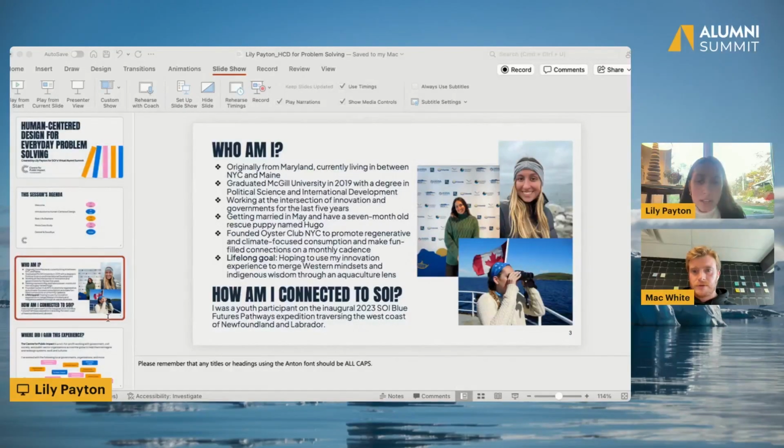Oh, wait, okay. All right, what about now? Oh. No, it still just seems to be an issue with Keynote or whichever platform you're using, but I'm not sure why it's not going full screen for you. Okay. We had it working a second ago, and now we've lost it. Technology. Okay.